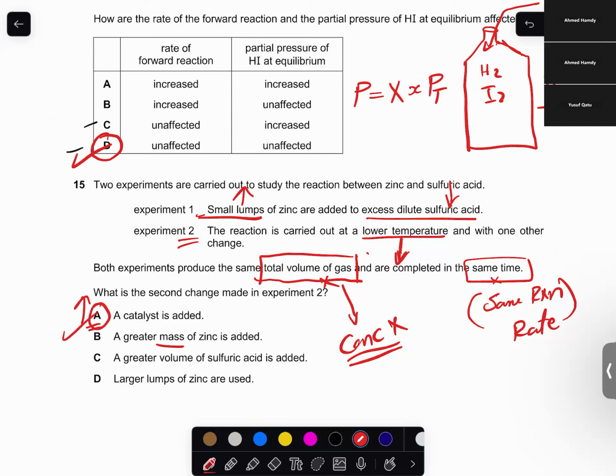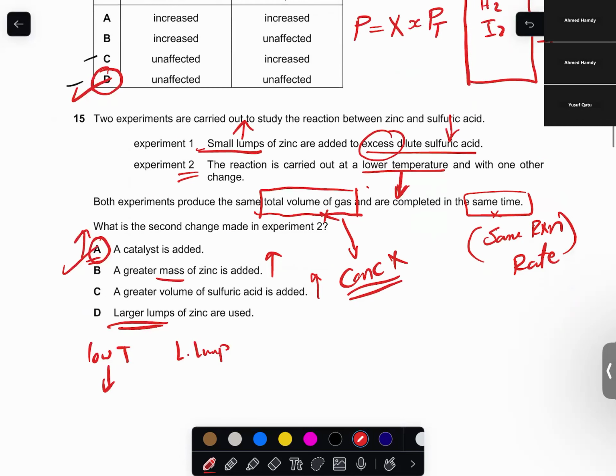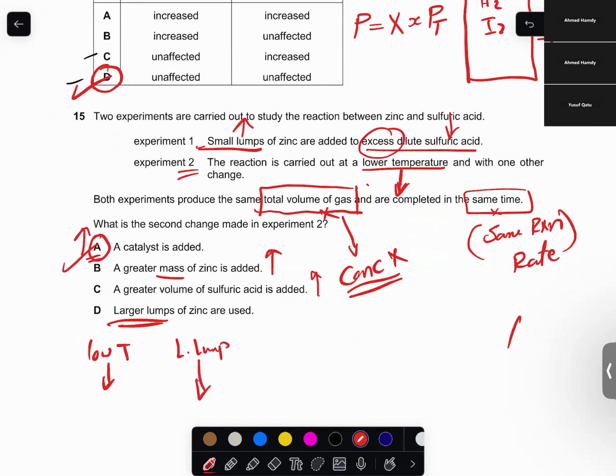A greater mass of zinc will change the total amount of gas produced. A greater volume of sulfuric acid, if sulfuric acid is in excess, doesn't affect the rate in general. Larger lumps of zinc, we have low temperature, so it decreases the rate. If we put large lumps, it will also decrease the rate, so the reaction will not finish in the same time.